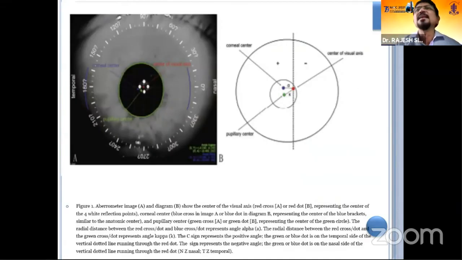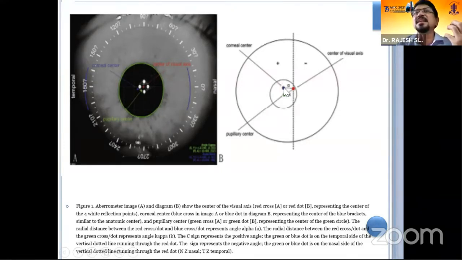As you can see here, this red point is the center of the visual axis. This is the corneal center. Corneal center means the center of the limbus, and that will be the center of the bag as well. So the IOL centers along the center of the bag, so the center of the IOL will coincide with the center of the bag.